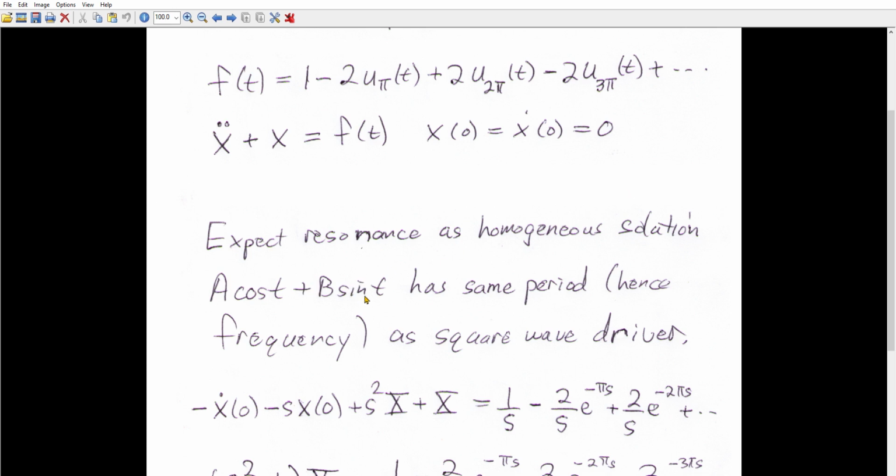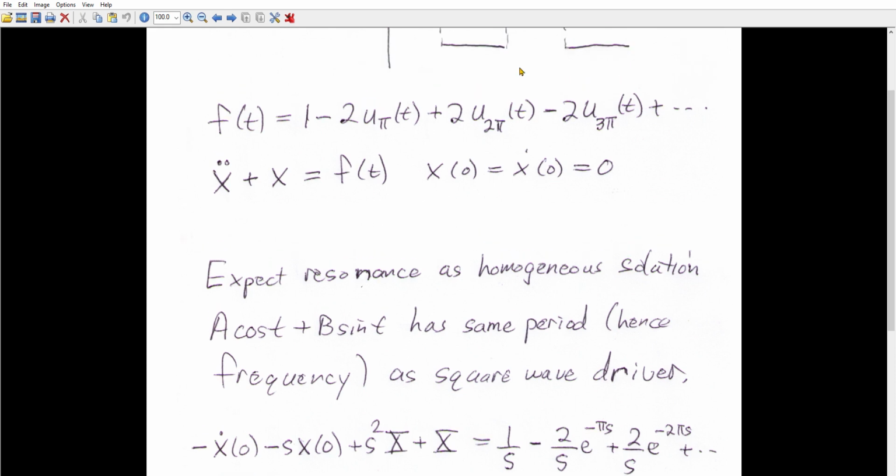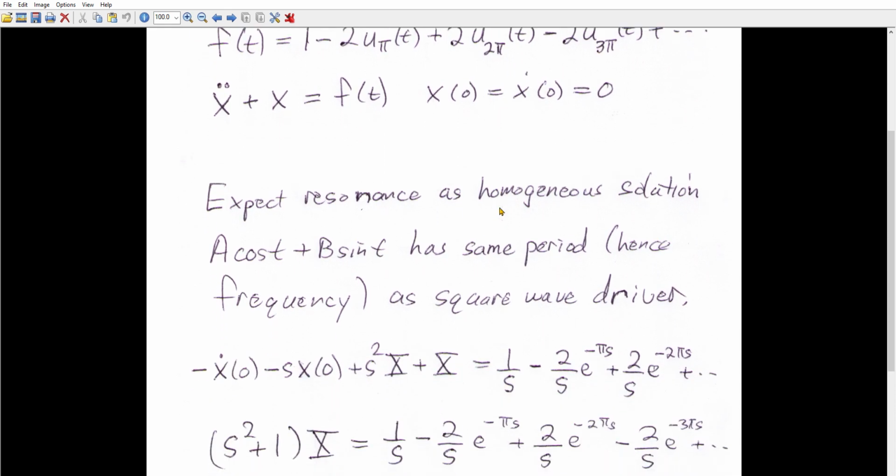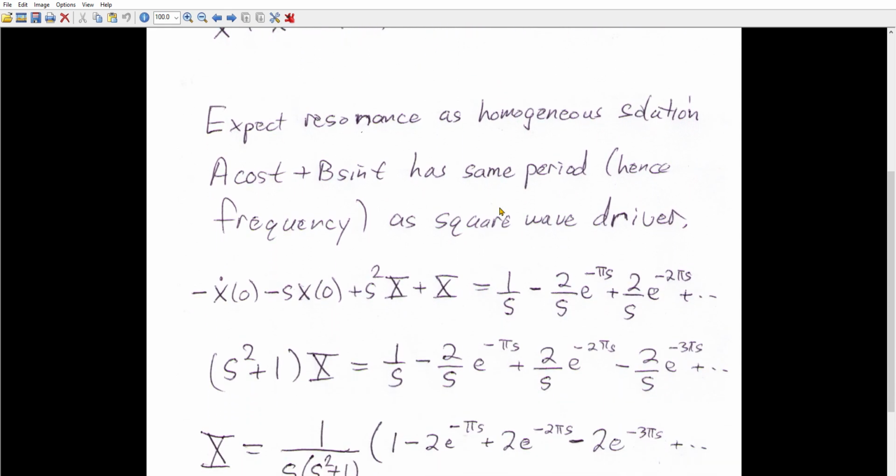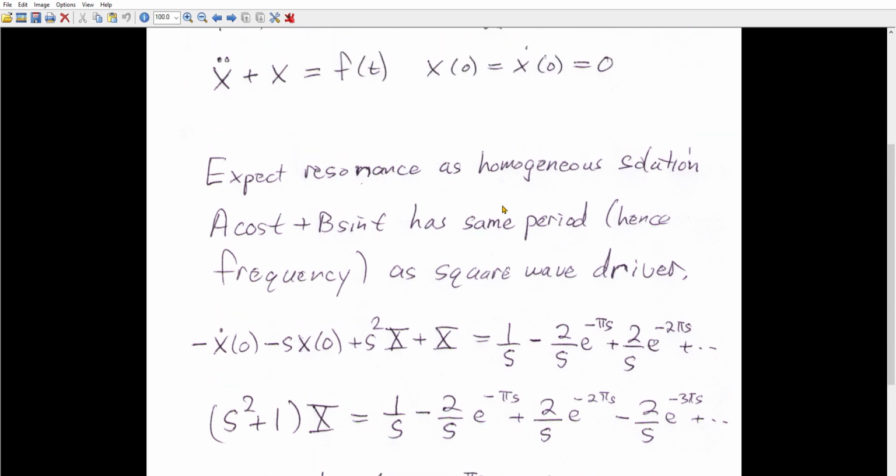And we should expect resonance because the period of our oscillator is 2 pi, and the period of our square wave is 2 pi. So they both have the same frequency. We should expect resonance.